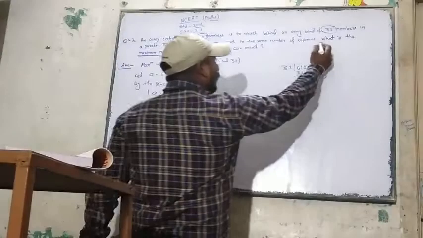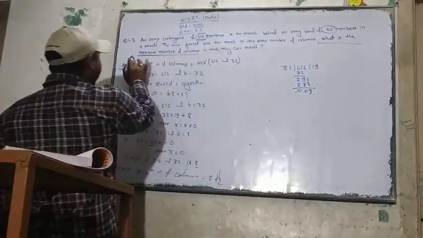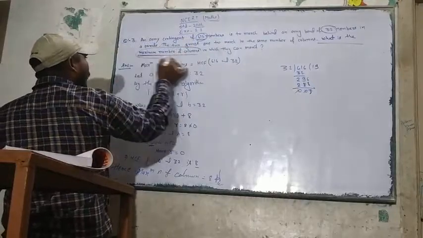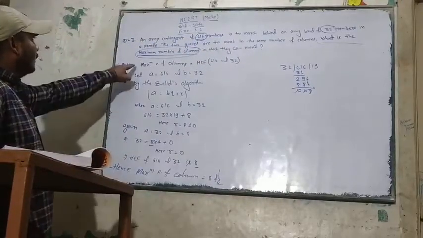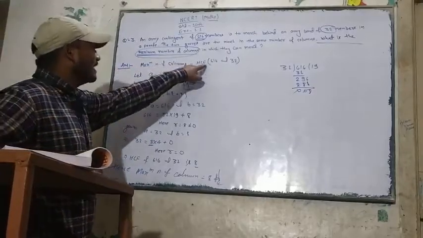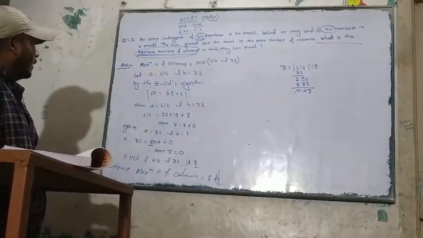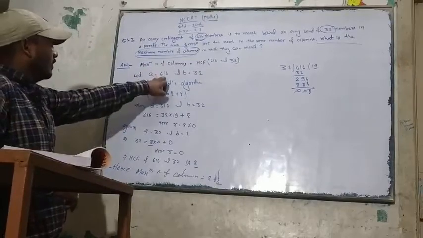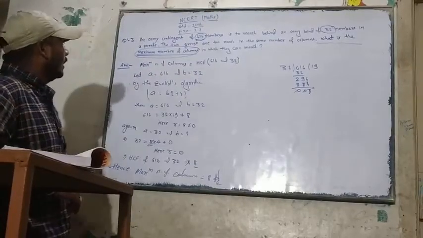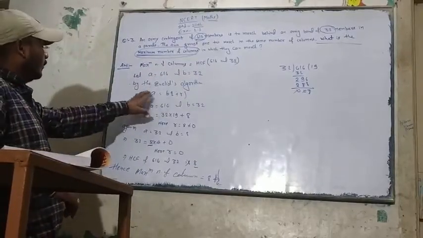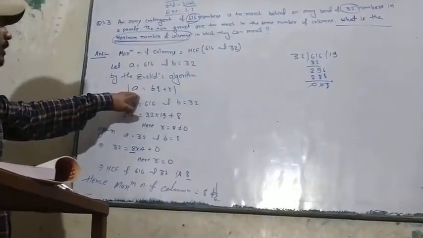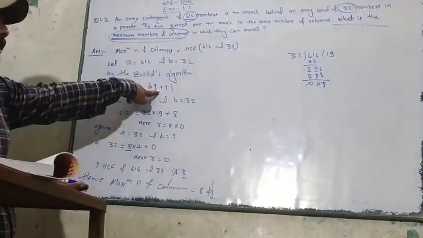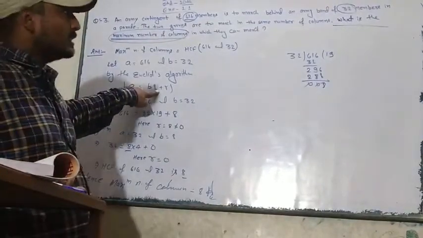When we need the maximum number of columns for two groups, we get the HCF of those numbers. Then the maximum number of columns is equal to HCF of 616 and 32. By Euclid's algorithm, A is equal to 616 and B is equal to 32. Euclid's algorithm says any two numbers A and B have two other numbers Q and R, where A is equal to BQ plus R.